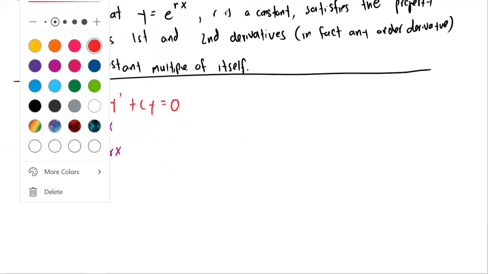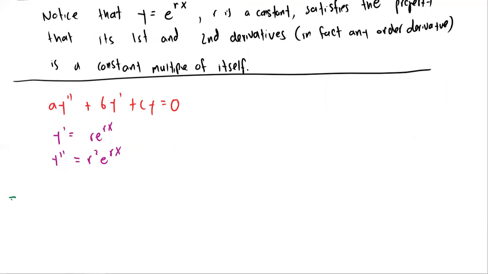So let's use, say, green. a times r squared e to the rx, this is y double prime, plus b times r e to the rx, this is y prime, plus cy, where y is e to the rx, equals 0. All I did was plug in y equals e to the rx into this differential equation.